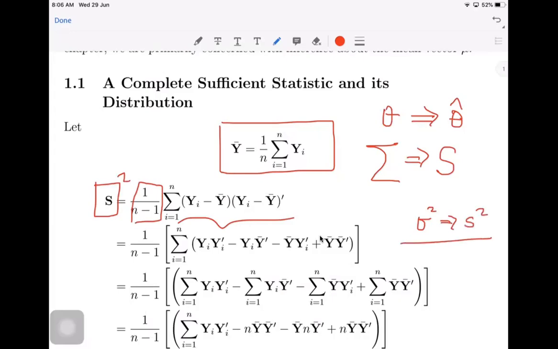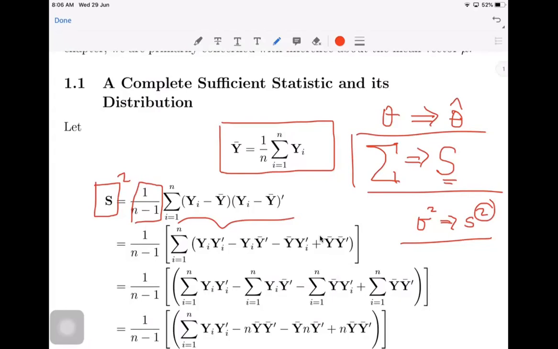But in the theoretical multivariate case, they use sigma and it is estimated by S without the square.